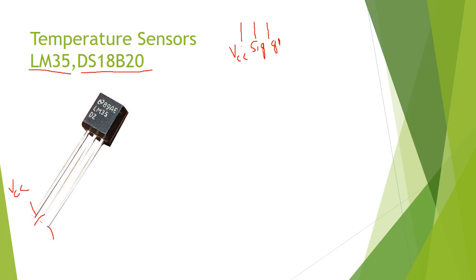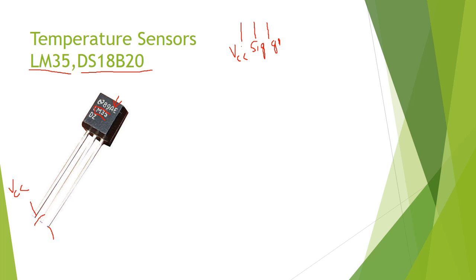It might look like a transistor, but this name is LM35. This name suggests that it is a temperature sensor. The upper part is the company name, and the middle part is LM35.